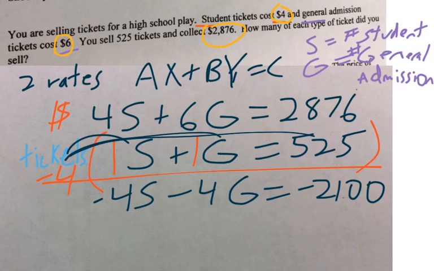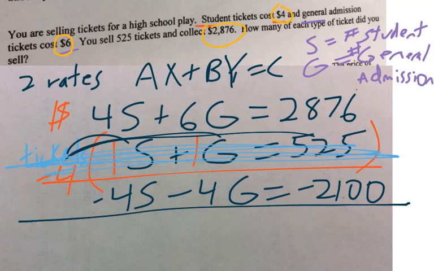Now I'm done with that equation because I've already distributed it out, and I replaced it with the -4s equation. So now I'm going to combine these two equations by adding, and 4s minus 4s cancels or eliminates, so that's going to be nothing. 6g minus 4g gives me 2g.